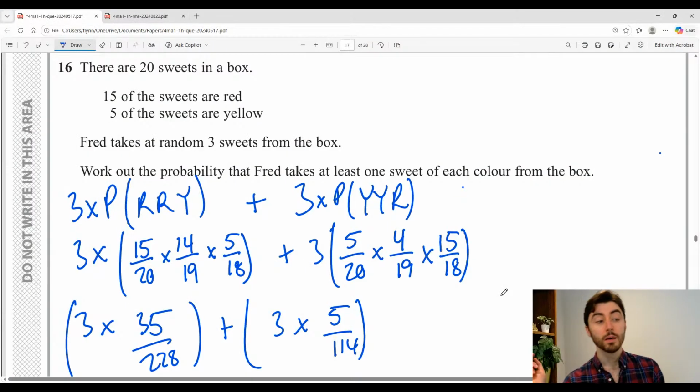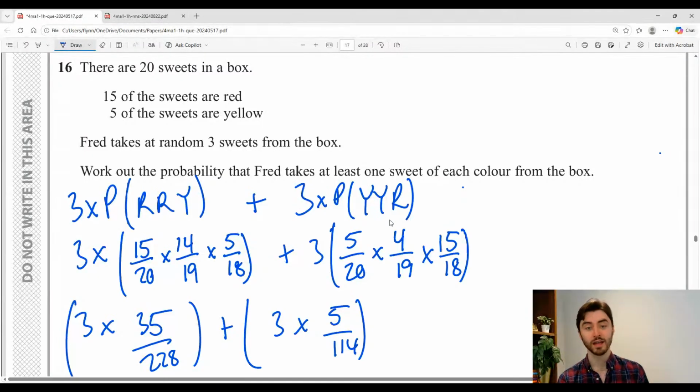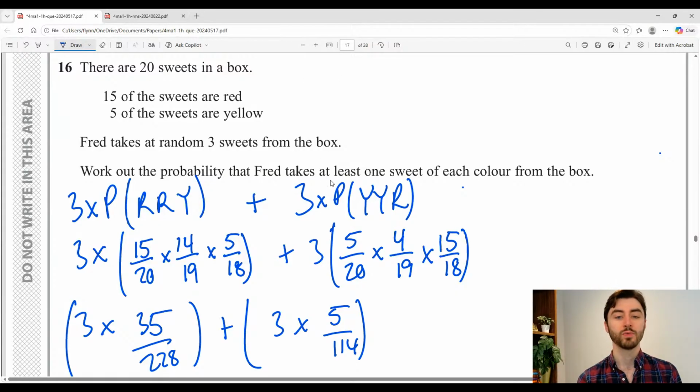Let me go back to the probability question and show you the second way we could have done this, because it's actually much easier. It's harder conceptually to spot this, but if you do spot it, it makes the math easier. Instead of working out the number of ways of at least one of each color, you can instead get rid of ones where they're only one color.